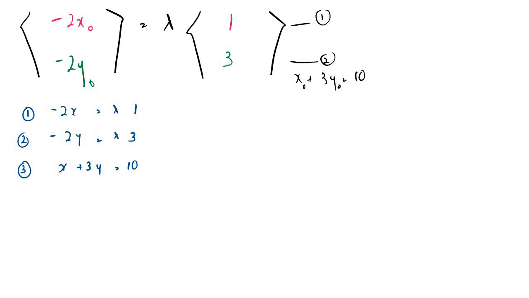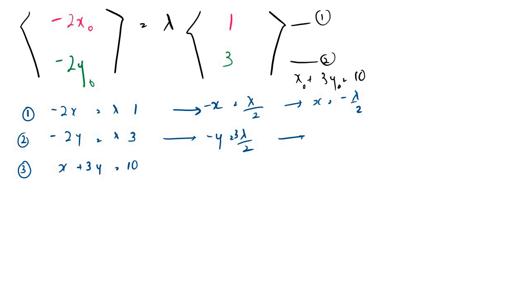So from equation 1, minus 2x equals lambda, we divide both sides by 2, and this implies x is equal to minus lambda over 2. From the second equation, we can divide both sides by 2 to get minus y equals 3 lambda over 2.